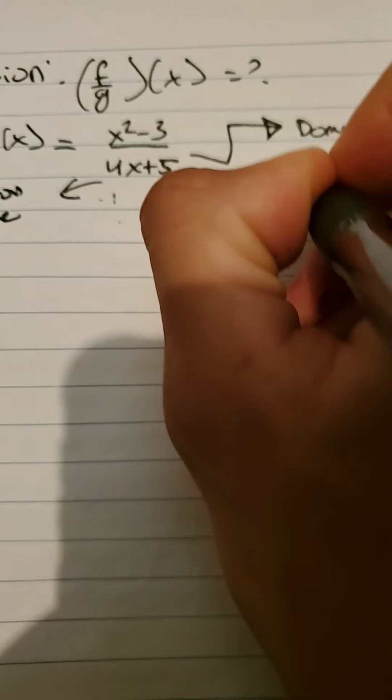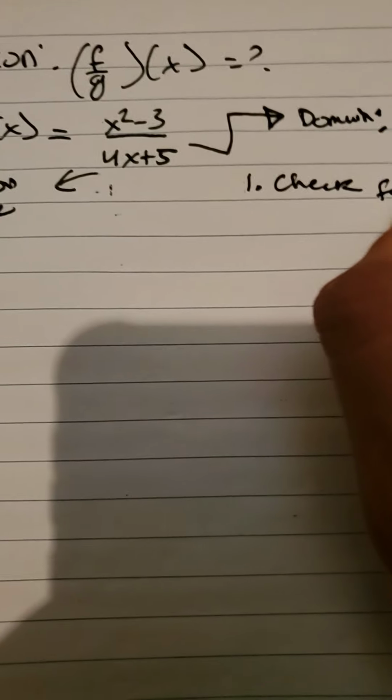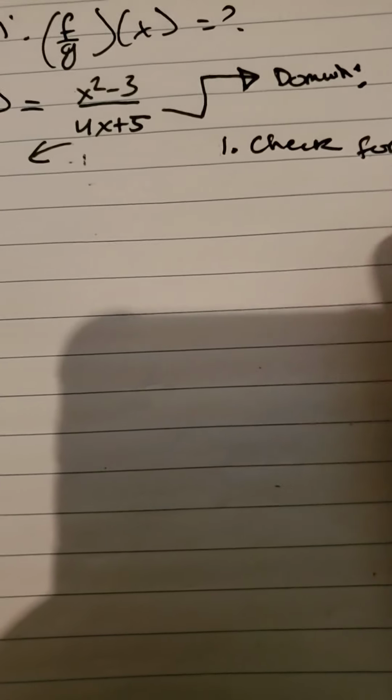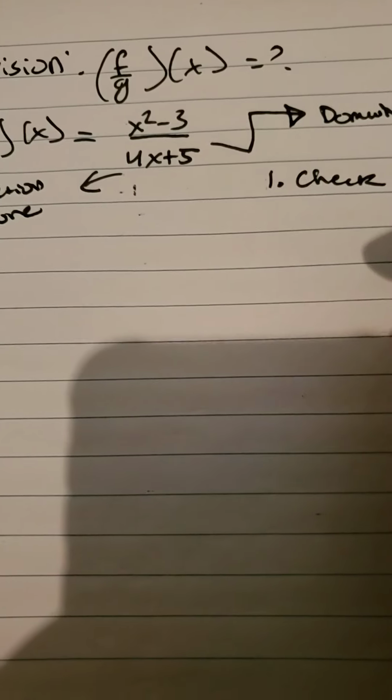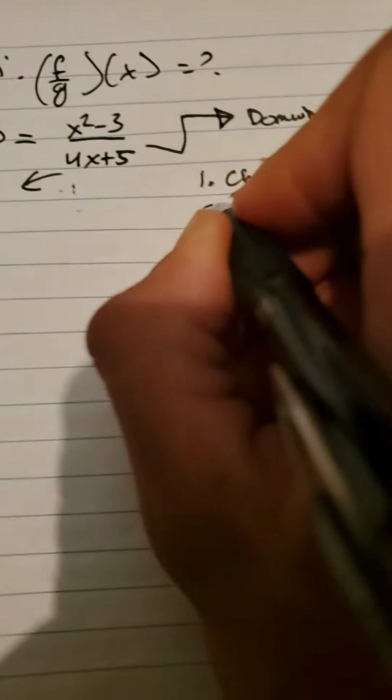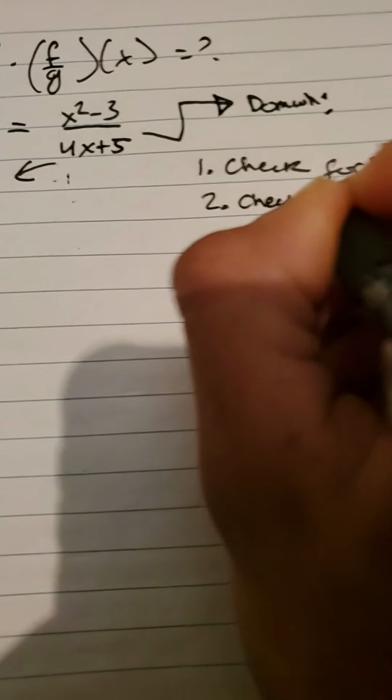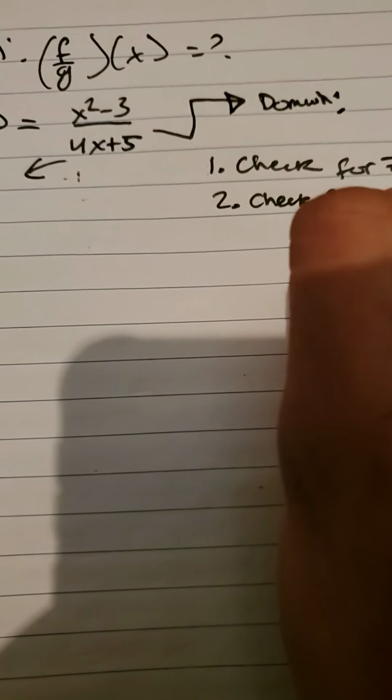Alright, to do so first, we need to check for zeros. And in a rational function, that's in the numerator. And then we check also in the denominator for undefined. So the easiest way to start is with the denominator. 4x plus 5 cannot equal 0.